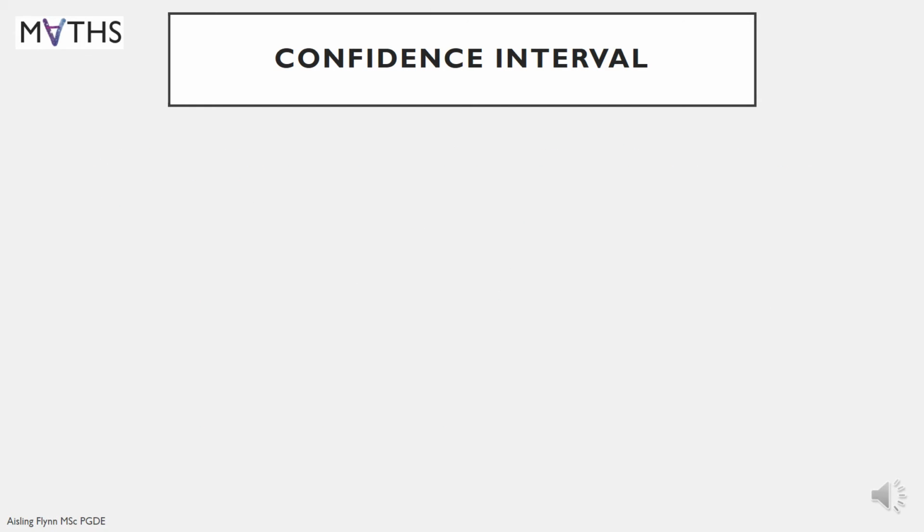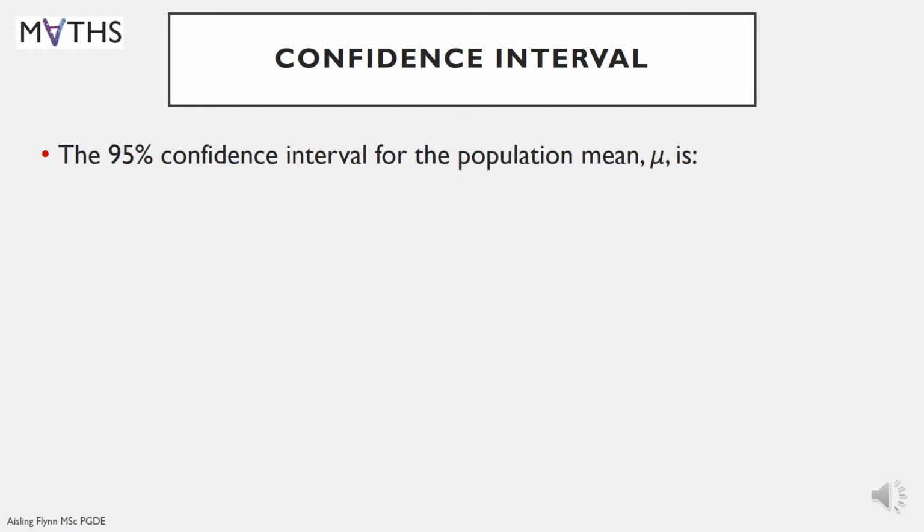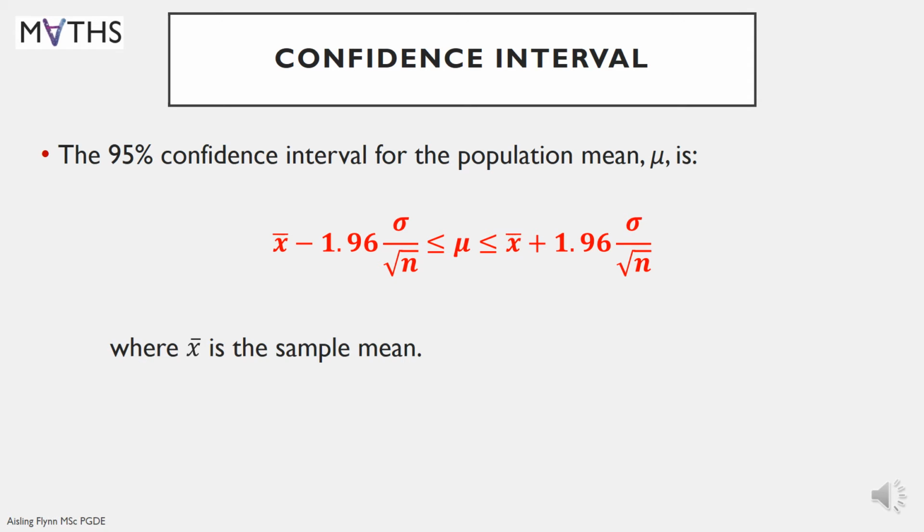So let's create a confidence interval. The 95% confidence interval for the population mean mu is here. Okay, so let's go through this, where x bar is the sample mean. So in the center here you see mu, which is the population mean, or the true value if one was to calculate every single piece of data from the population.